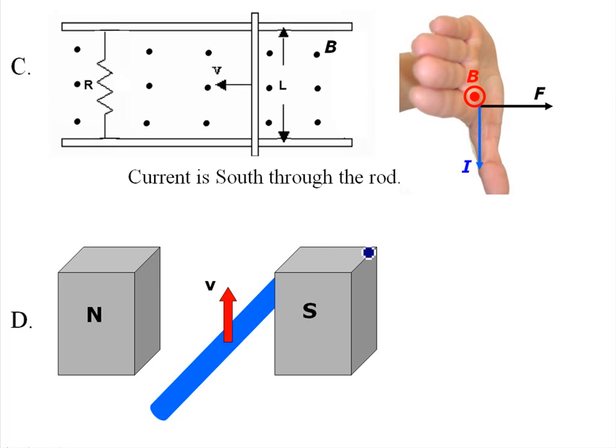Another way to look at this, and I'll kind of draw it on here, is you're actually looking at the rod in the magnetic field. So the electrons would travel down to the bottom in this direction, and they would travel through the resistor. This would be the direction of the current. Now you may be thinking, why wouldn't it go the other route? Well, remember, the electrons need a path to travel.